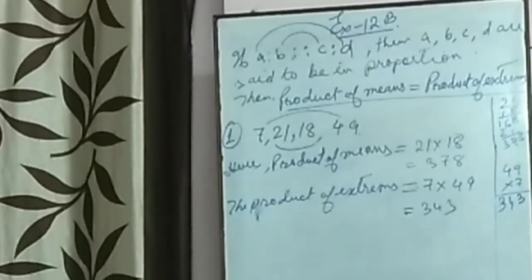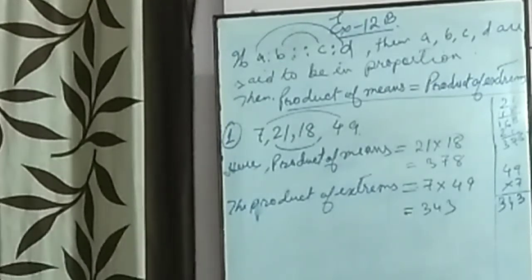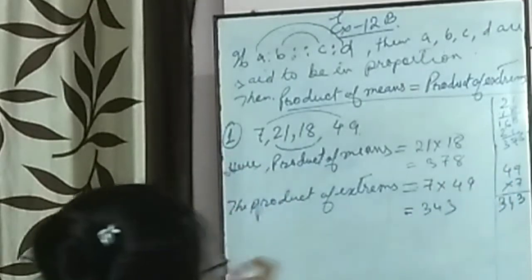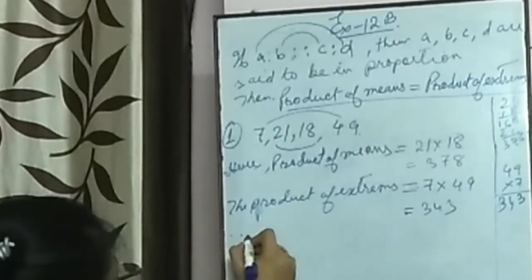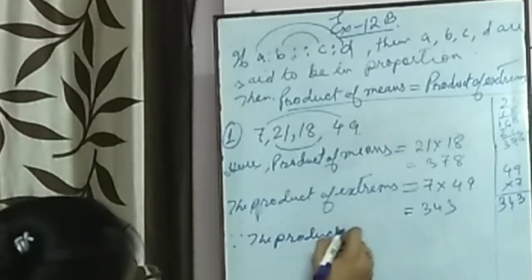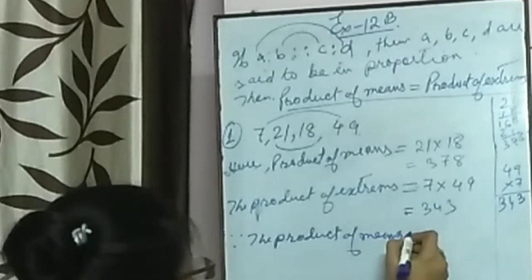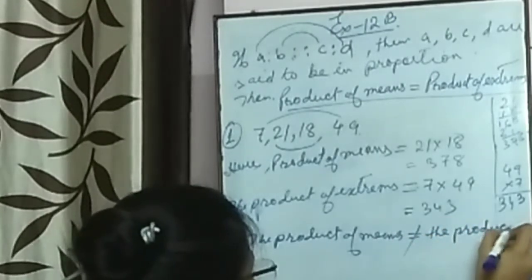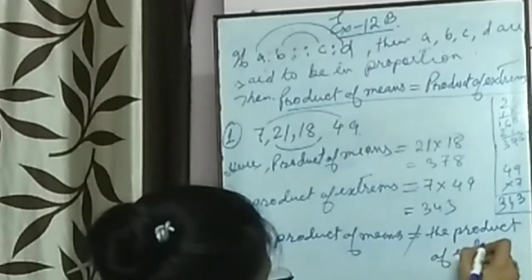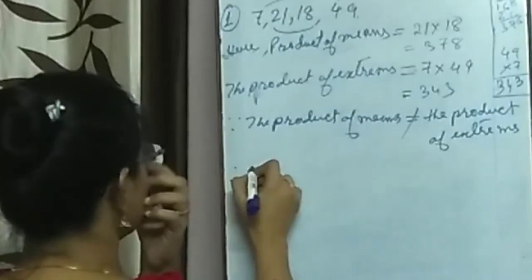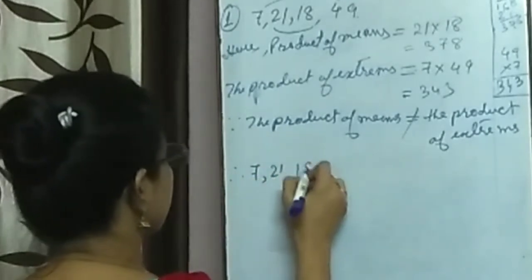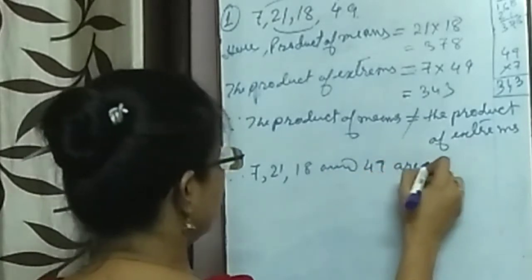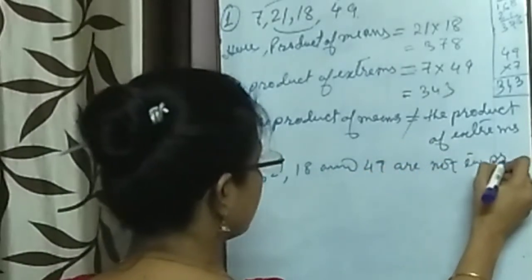So what we have seen, these two answers are not equal, since the product of means is not equal to the product of extremes, therefore 7, 21, 18 and 49 are not in proportion.